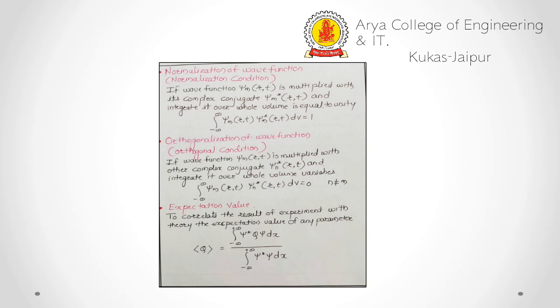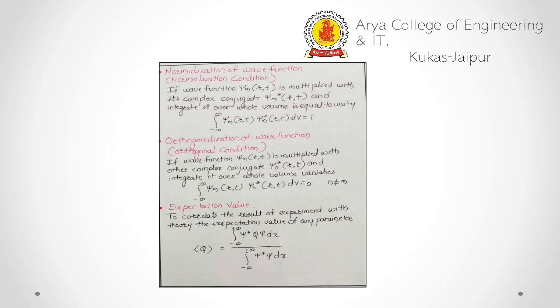If the wave function psi n of r, t is multiplied with its complex conjugate psi n star of r, t and integrated over the whole volume, and is equal to unity, it can be written as the integration from minus infinity to infinity of psi n of r, t times psi n star of r, t dV is equal to 1. If the result is 1, then we can say that this wave function psi n of r, t is a normalized wave function.